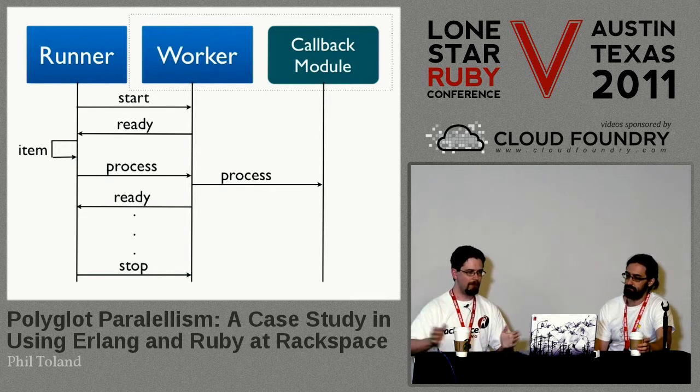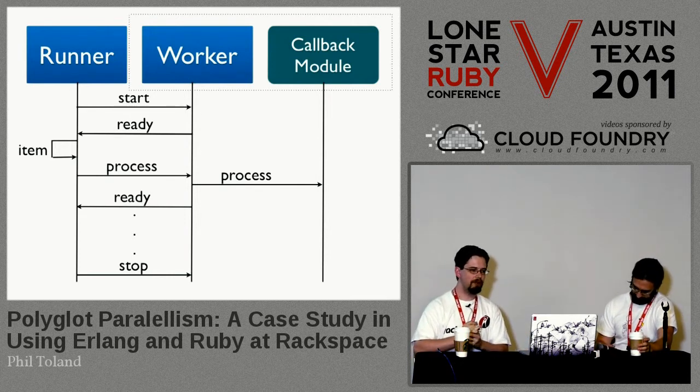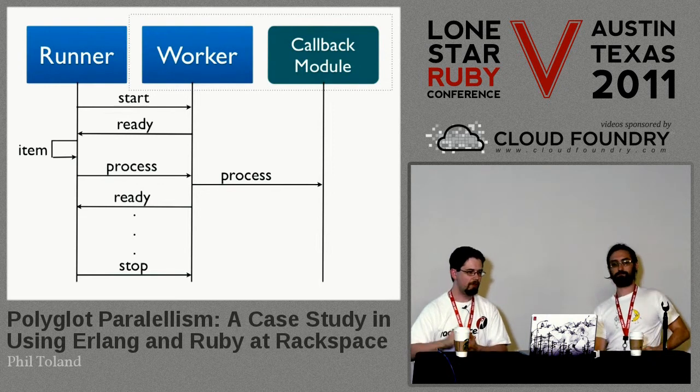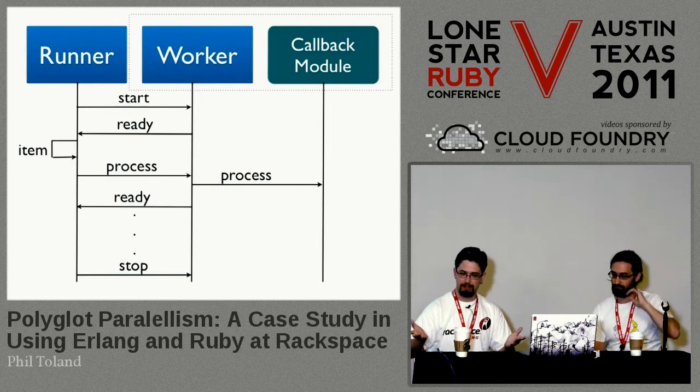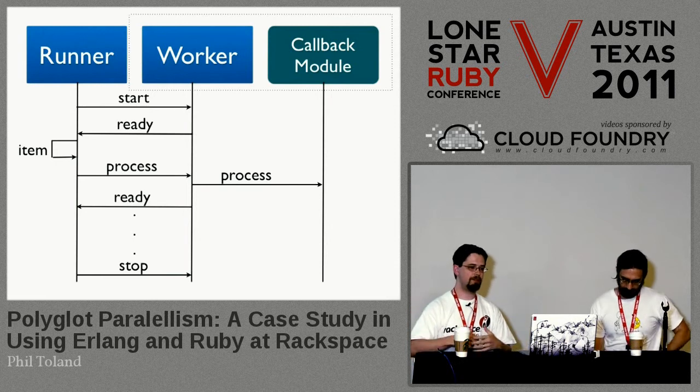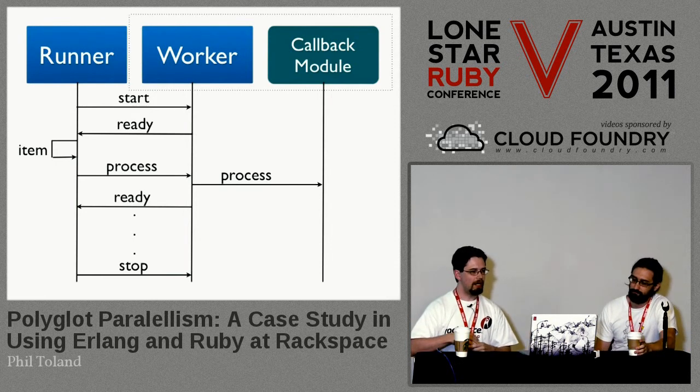And the worker then says, "Well, you know, I'm just a worker. I don't know how to do that." So it calls the process function on the callback module and waits till that is done. It doesn't care what happens, just that it's done. And then it returns ready to the runner, where the process repeats itself until there are no more items in the queue. And when the last item gets popped off the queue, then the runner sends stop to the worker, and in this way the workers all end up being shut down.